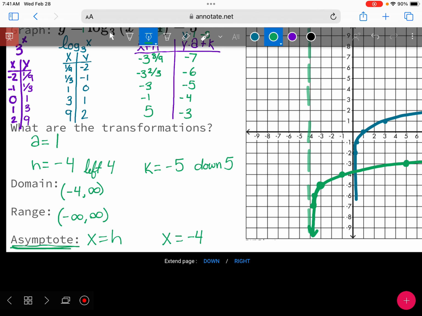The range is always going to be all real numbers. So there's a lot of pieces on here, but aside from the logarithmic table being new yesterday, nothing's new today. It's all the same stuff.